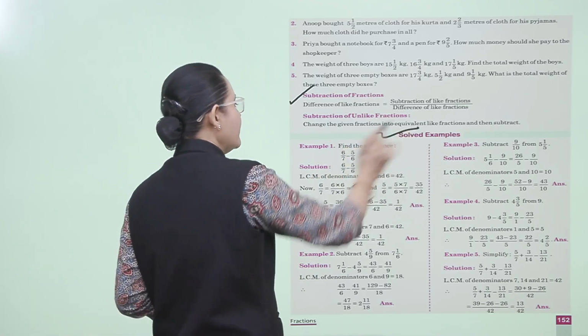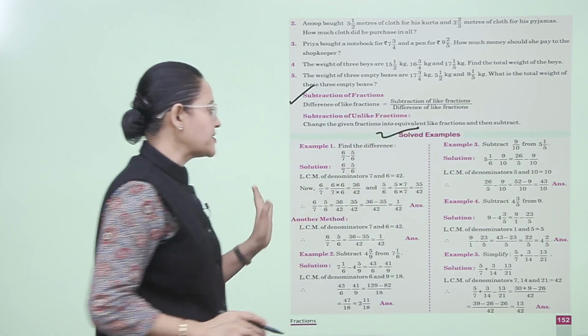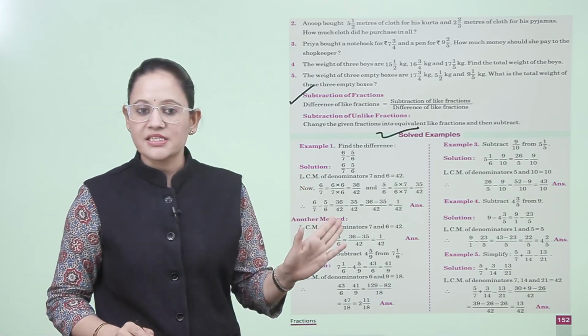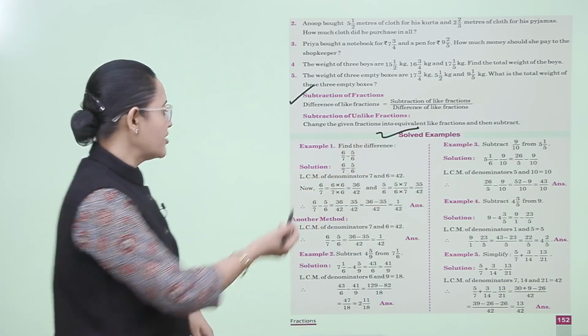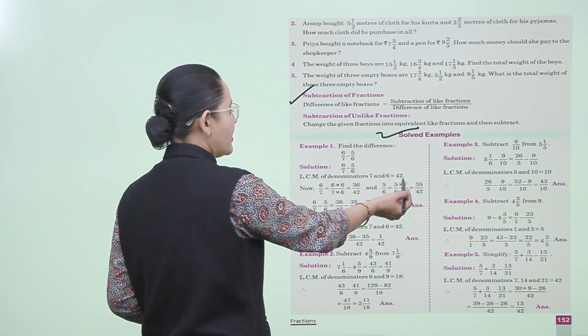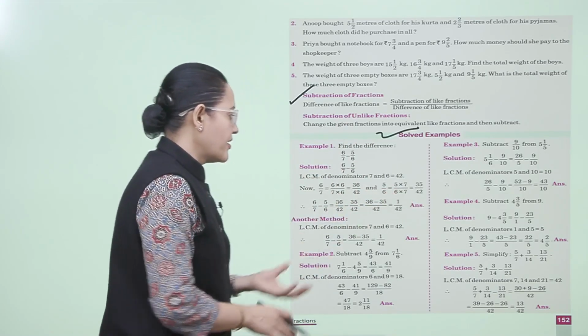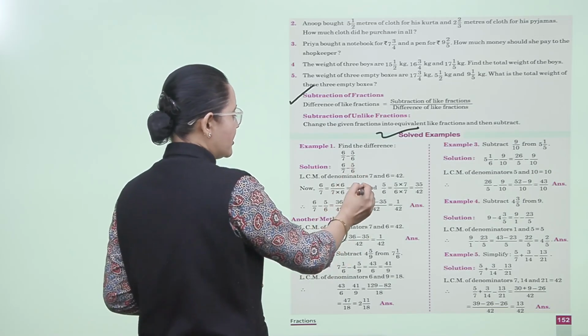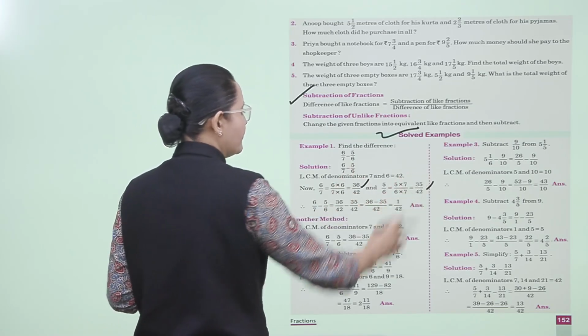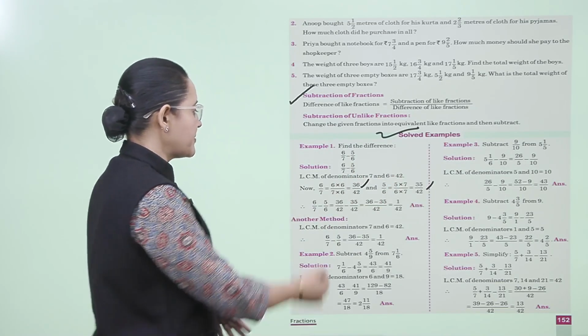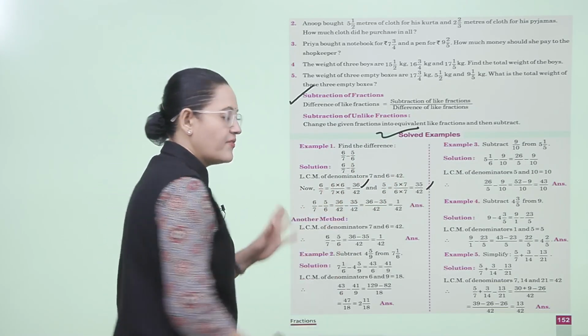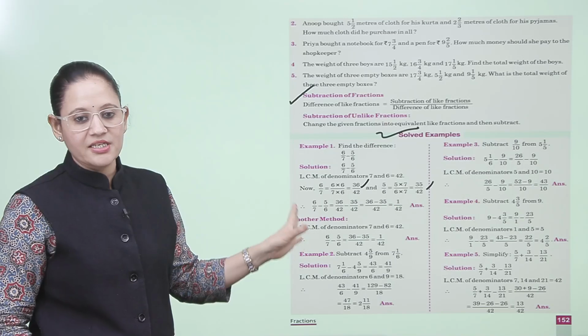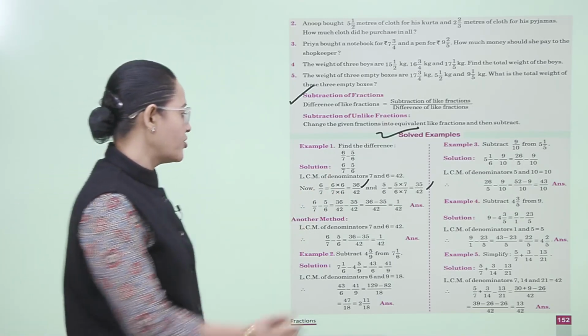We'll take some examples. Find the difference 6 by 7 minus 5 by 6. First we'll convert into like fractions by taking the LCM. Here the LCM is 42, and once we have converted into like fractions, 36 upon 42 and 35 upon 42. Now we will subtract them. Simply we subtract the numerators and write the common denominator below.